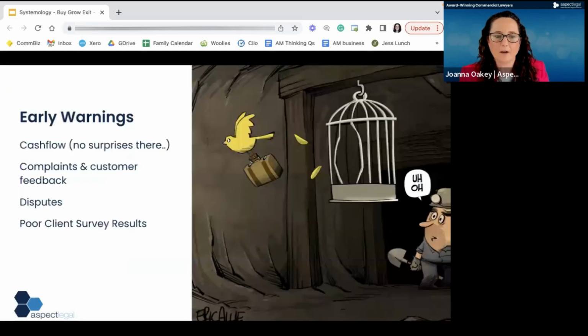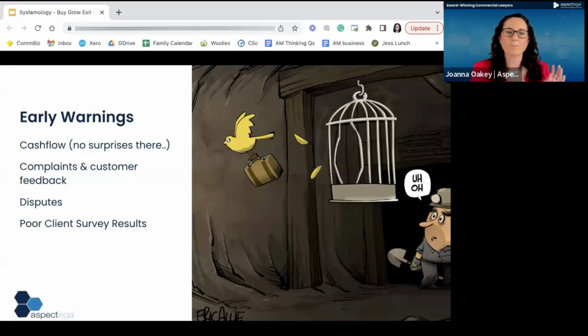Oh, and actually, here I'm talking about early warning systems, and the element that I talked about with James. Part of the issue with James's story is that if he'd been aware of the problem earlier, he could have stepped in and changed things. He could have got help. If he had got legal help earlier, we could have put pressure on the client to pay, and we would have got payment through.